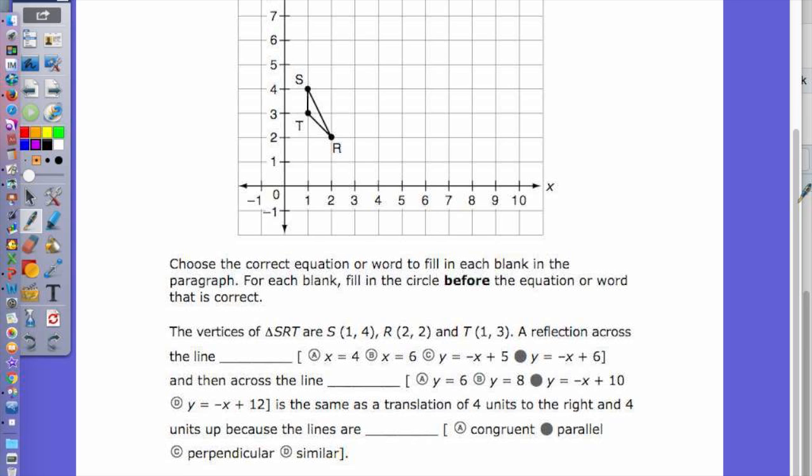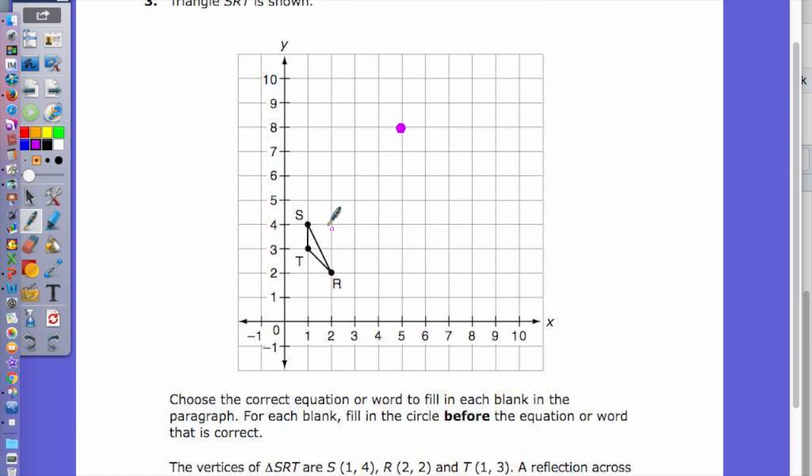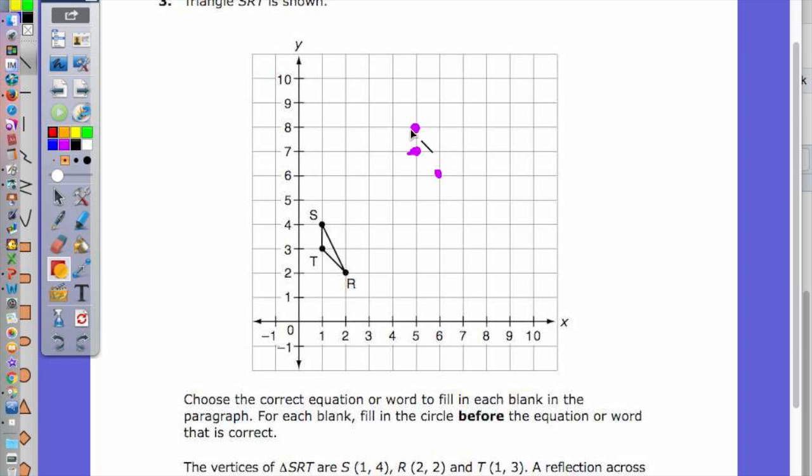So they tell you that this triangle is going to move 4 units to the right and 4 units up. Make sure I did that right. 1, 2, 3, 4. 1, 2, 3, 4. So there's the new S. There's the new T. There's the new R.